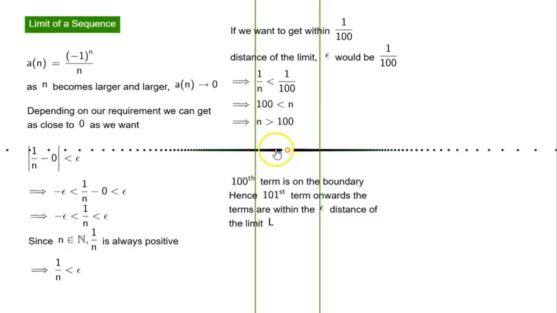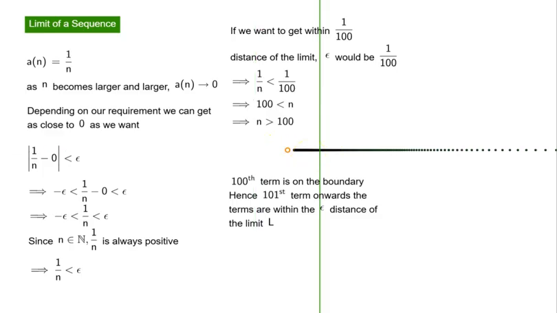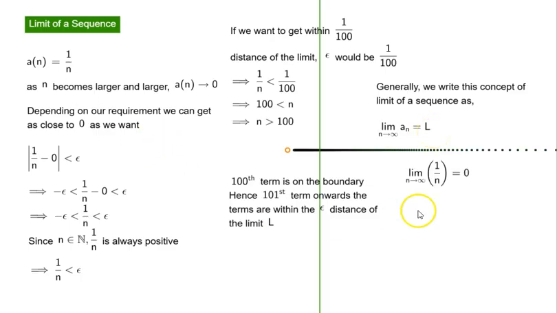Generally speaking, we write this concept of limit of a sequence as limit as n goes to infinity of a sub n is equal to L. In our example, we would write it as limit as n goes to infinity of 1 by n is equal to 0. Be very clear about this part. If limit as n goes to infinity of a sub n is equal to L, that means what? L is, remember, a finite quantity.